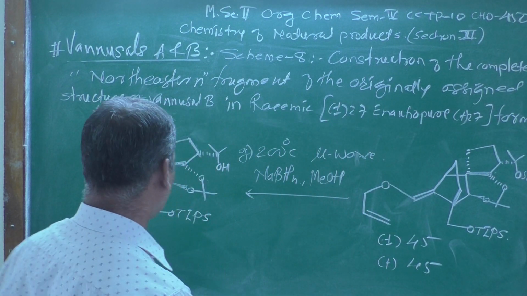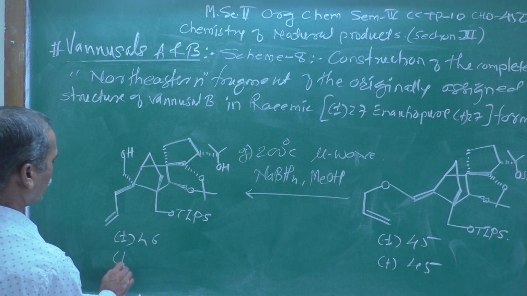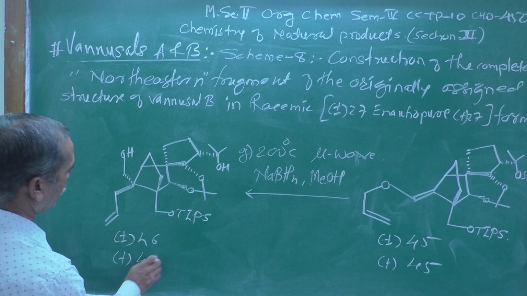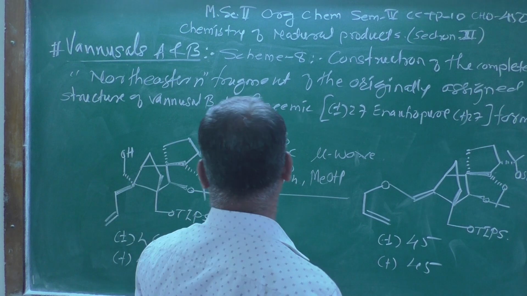This is the plus minus 46, or we can separate it as plus 46. The enantiomerically pure compound is 46.